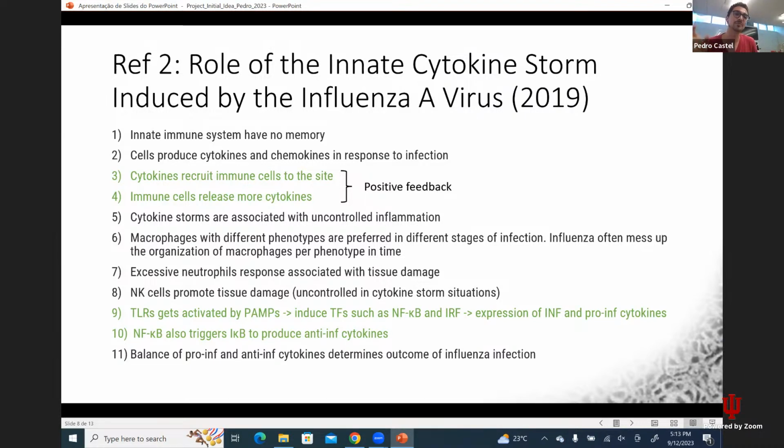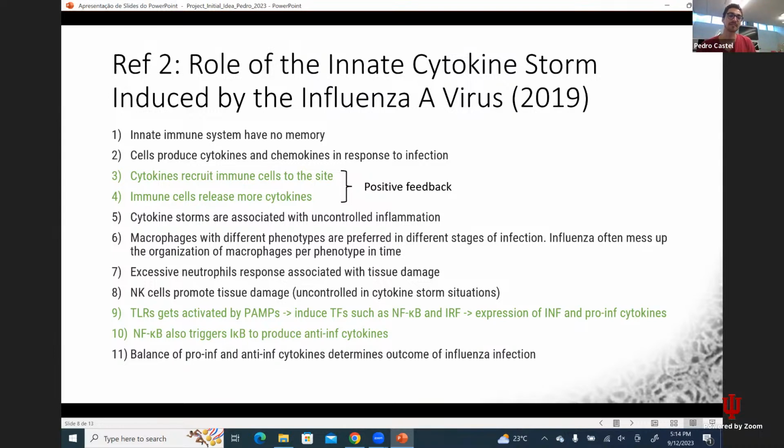So the cells have receptors specifically for these types of molecules from the pathogens, and they induce transcription factors that make the cell produce cytokines, interferons. And these interferons, they do what the name says, they interfere in the viral replication. So they are a major defense against early infection in our body.